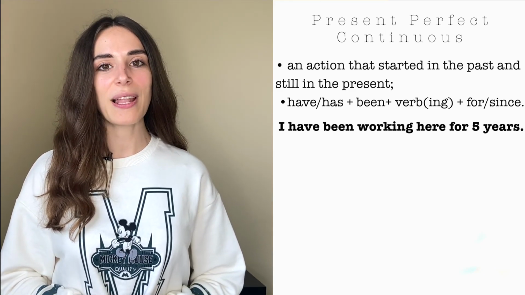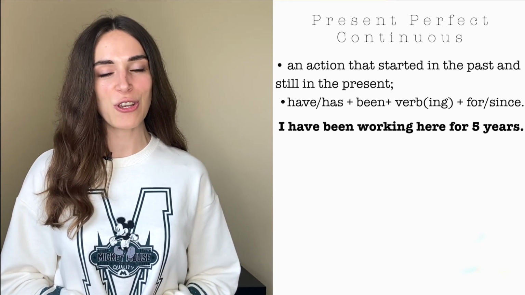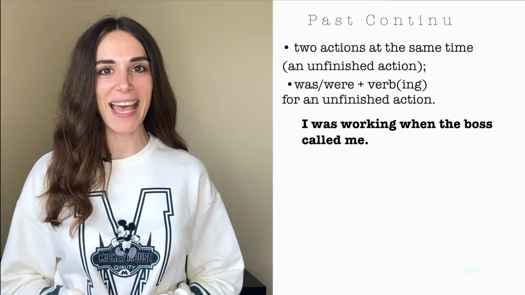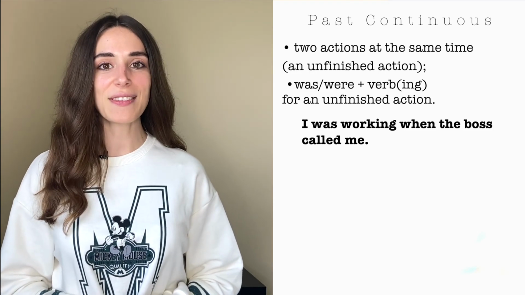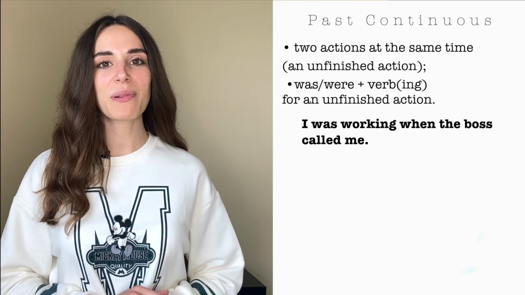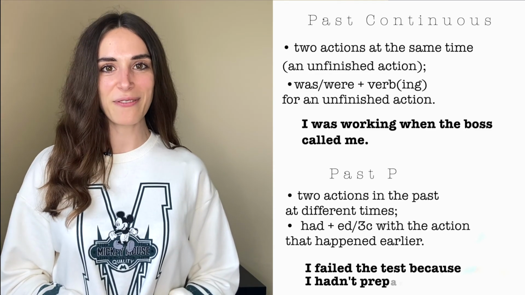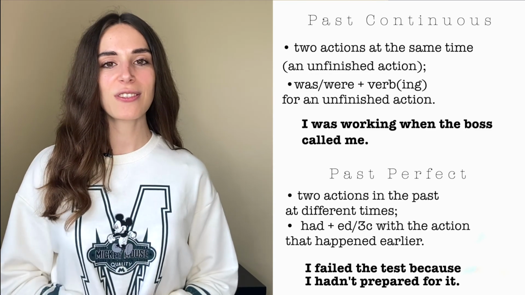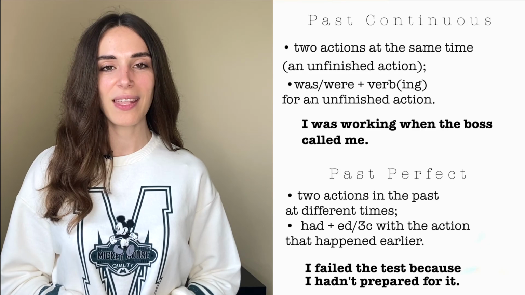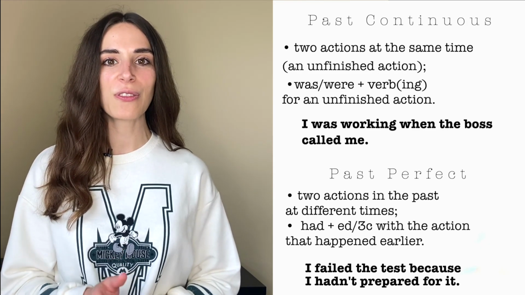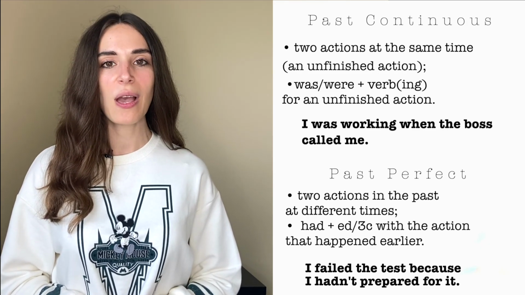Have/has plus been plus a verb with an -ing form plus for or since. The past continuous tense: two actions at the same time, was/were plus an -ing form. The past perfect tense: two actions at different times, had plus -ed or the third column of verbs with an action that happened earlier.